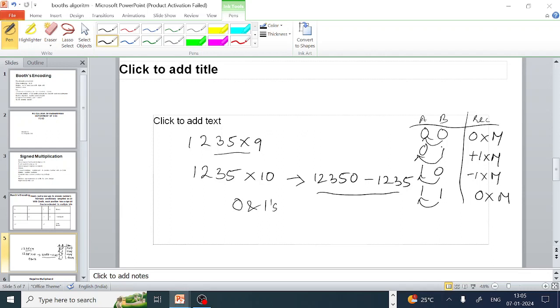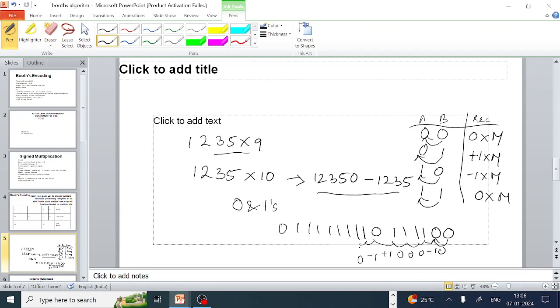See, when you have a stream of zeros and a stream of ones, say like this, you have some pairs of numbers. When you recode this, 0 to 0 is 0, 0 to 1 is minus 1, 1 to 1 is 0, 1 to 1 is 0, 1 to 1 is 0. 1 to 0 is plus 1, 0 to 1 is minus 1.